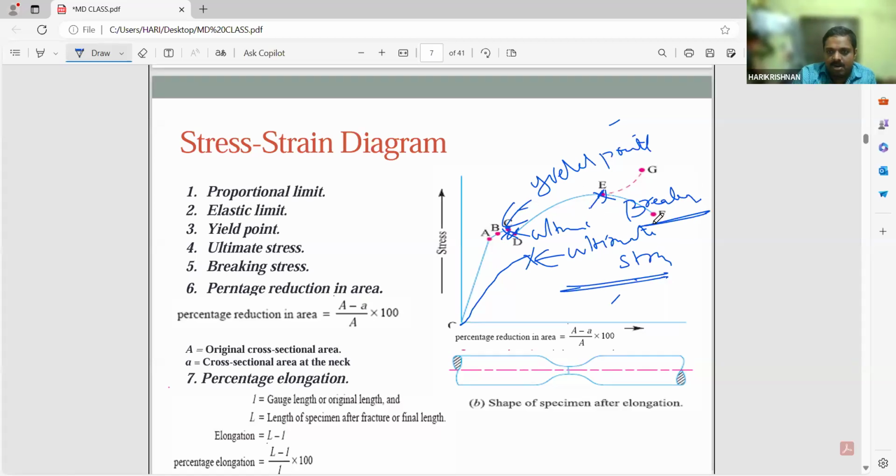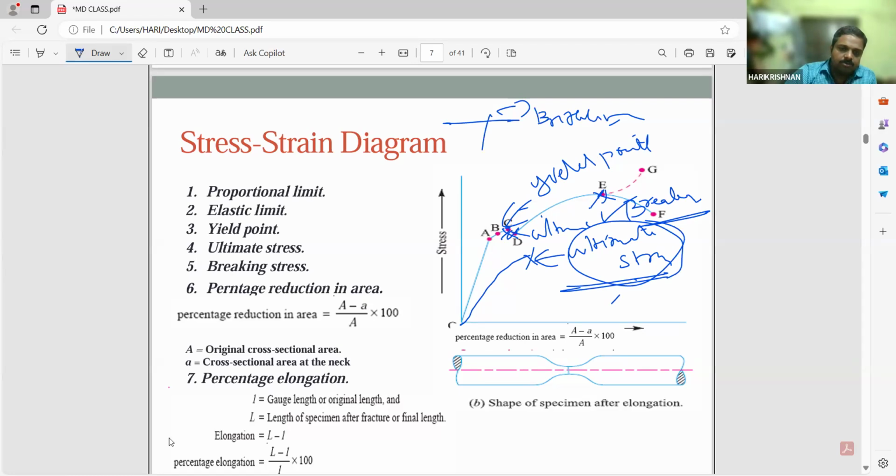If it is brittle, only one stress, the ultimate stress, matters. For glass, if its value reaches the ultimate stress, glass will break. It is a brittle material. You have to understand that. But when you consider mild steel, it is a ductile material.